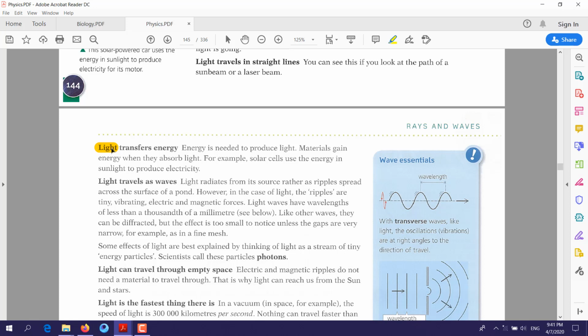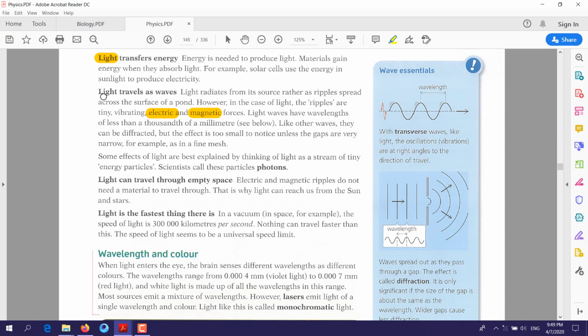Next one. Light travels as waves. Light radiates from its source rather as ripples spread across the surface of a pond. What does that mean? As you can see here, this is the light. The light will travel as waves.